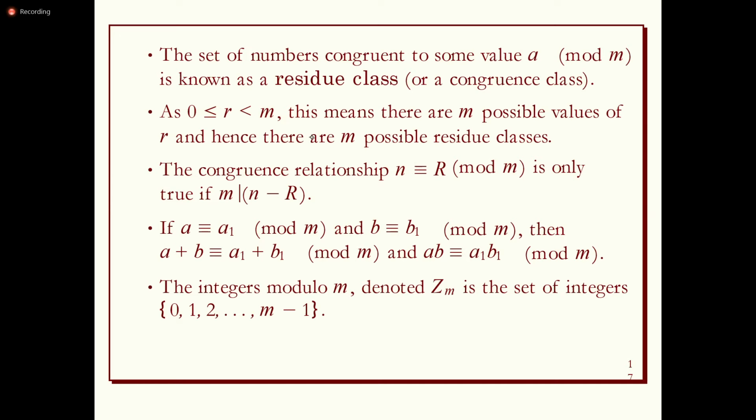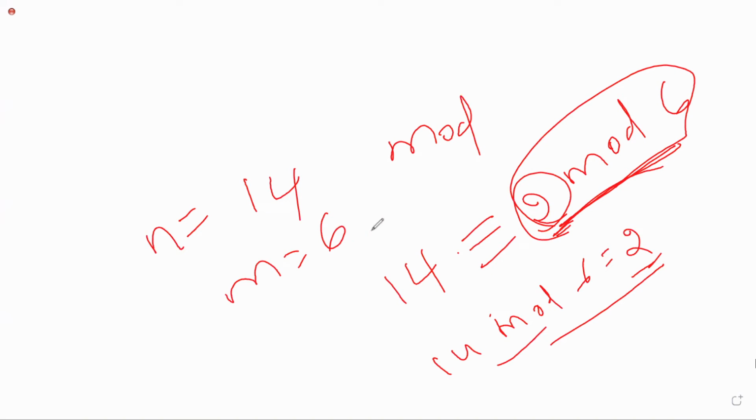Okay, and so whenever n is congruent to R mod m, then m is divisible by n minus r. Let's see this example: 14 is congruent to 2 mod 6.